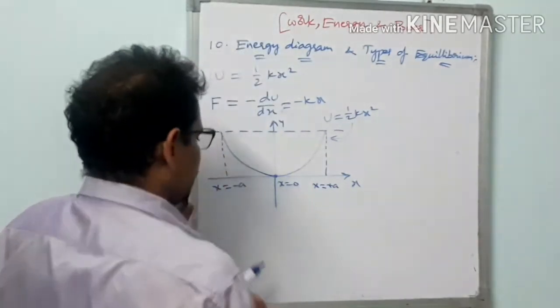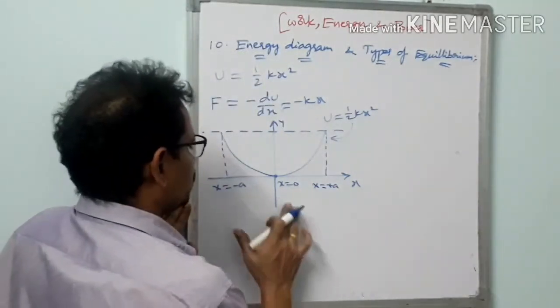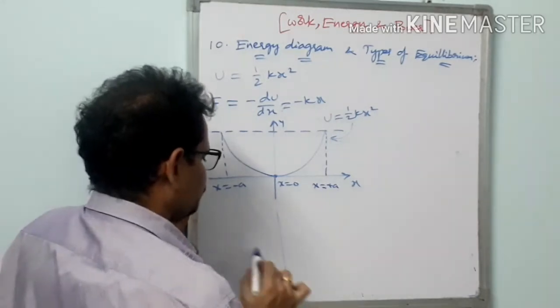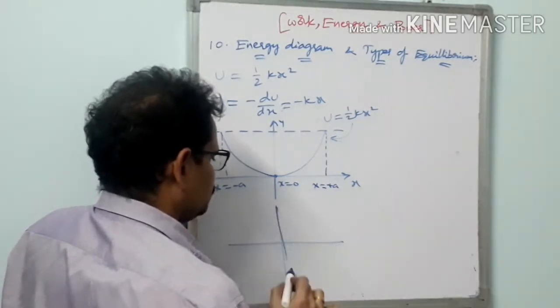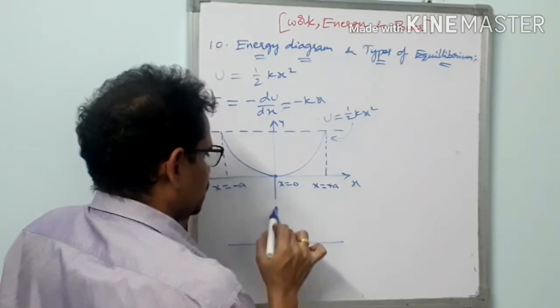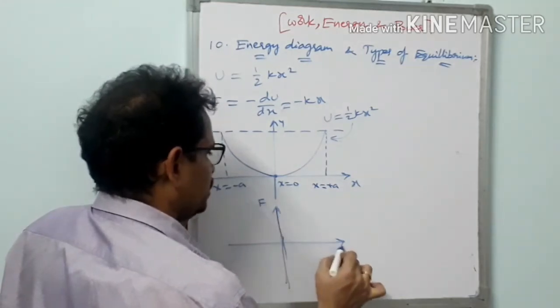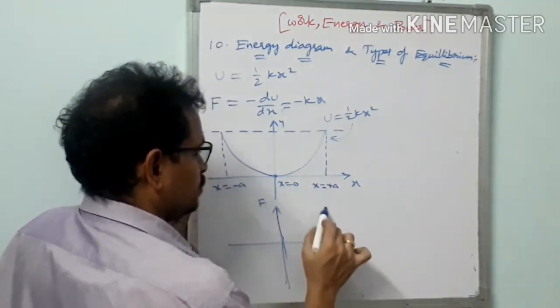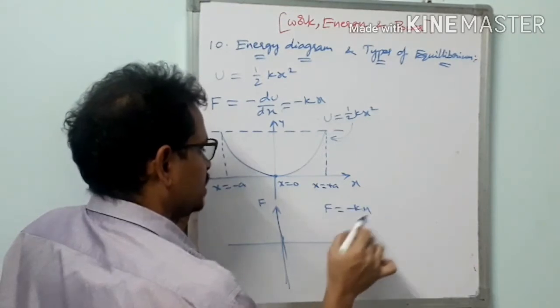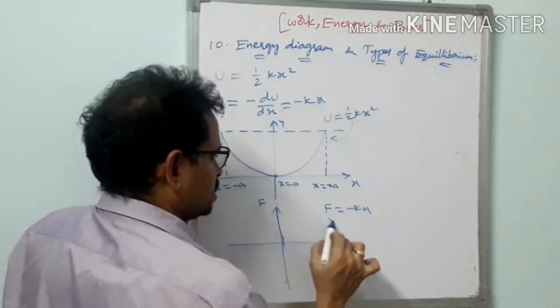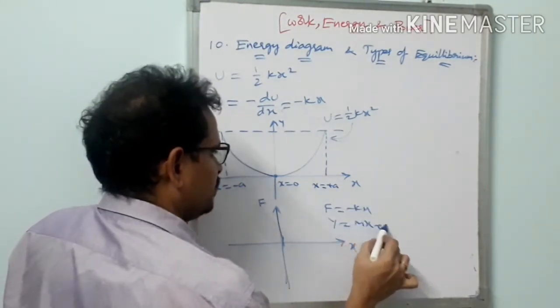Let us draw the force diagram also here. How would the force diagram be? Let us take force along the y-axis and displacement along the x-axis, and you know F equal to minus kx. So this is just like y equal to mx plus c.